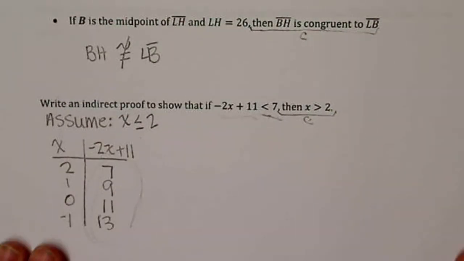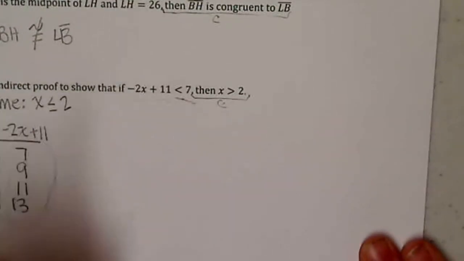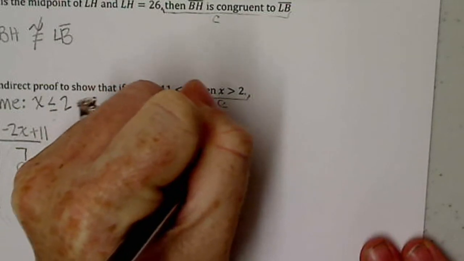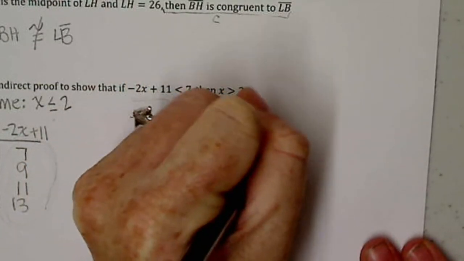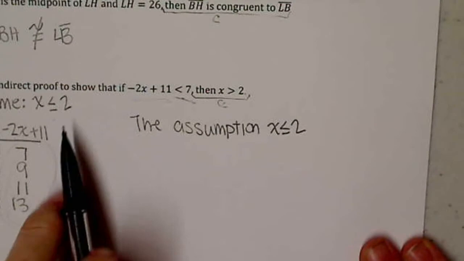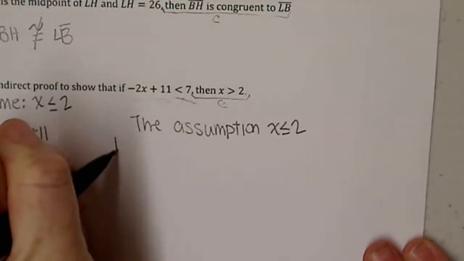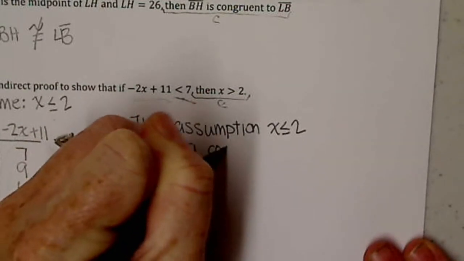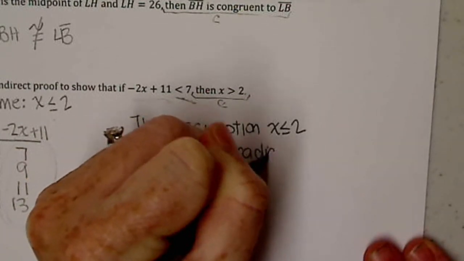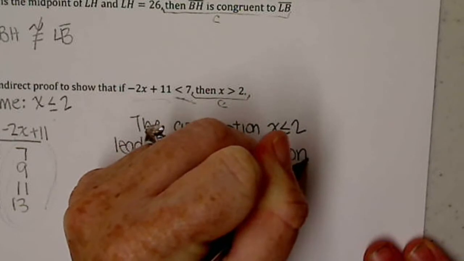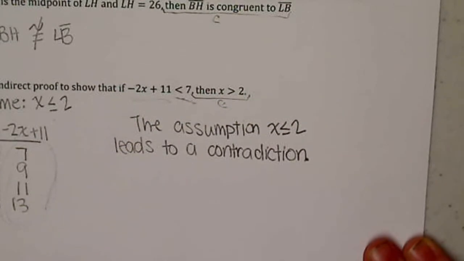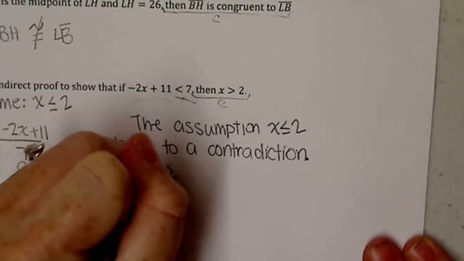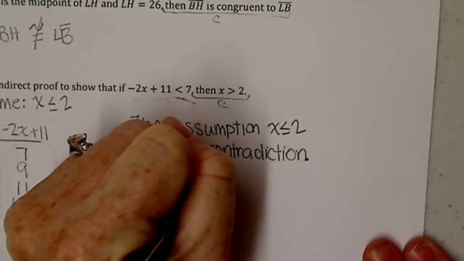So we're going to write that out to finish off our proof. The assumption x is less than or equal to 2 leads to a contradiction. Therefore, x is greater than 2 is true.